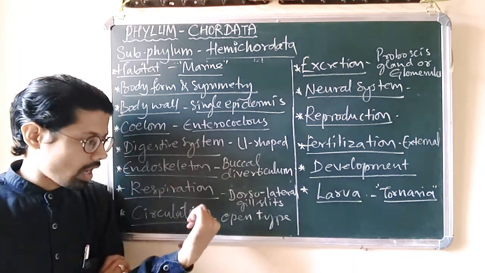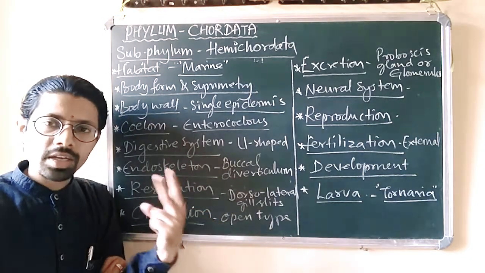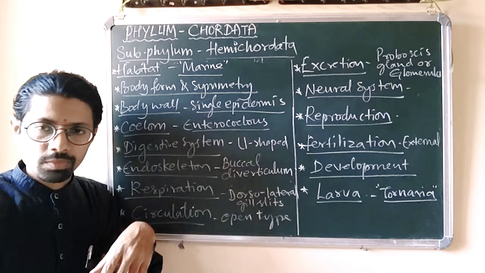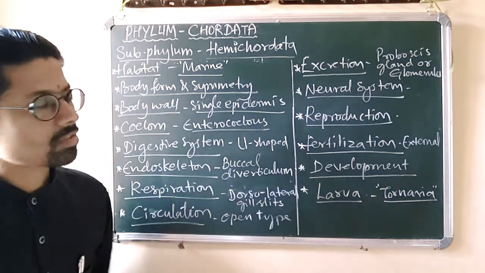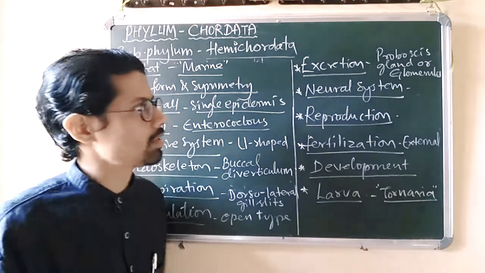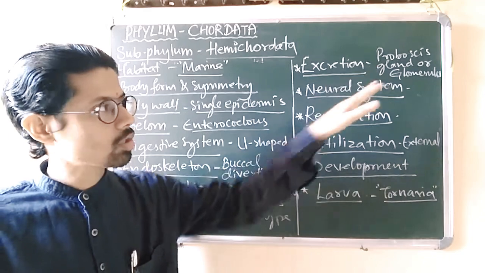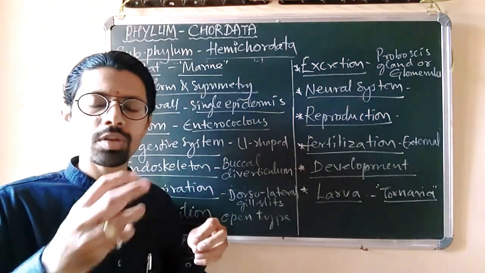So the circulatory system is open type, they have a dorsal heart, and only two main blood vessels. Then excretion is also very simple. It is by a single gland called the proboscis gland or glomerulus, which is connected directly to the bloodstream.